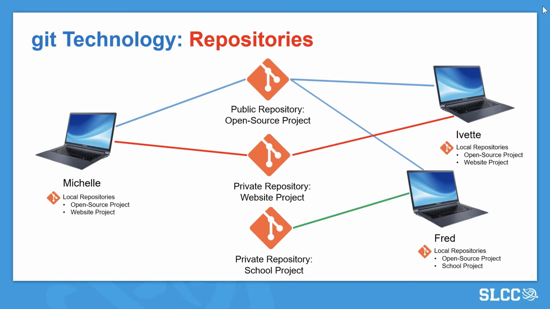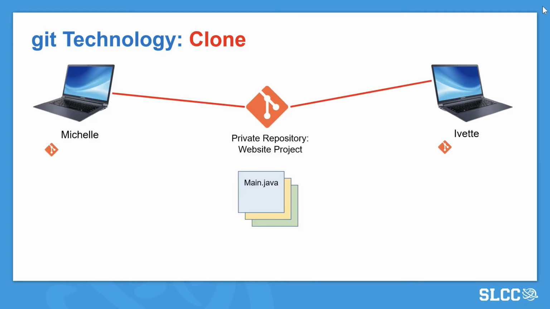Once these developers have installed the Git technology, and they have access to the vendor, in our example GitHub, then they do what's called a clone. In the center, we'll use the website project as an example. Maybe there's a whole bunch of files, and those files are stored in that cloud-based system.